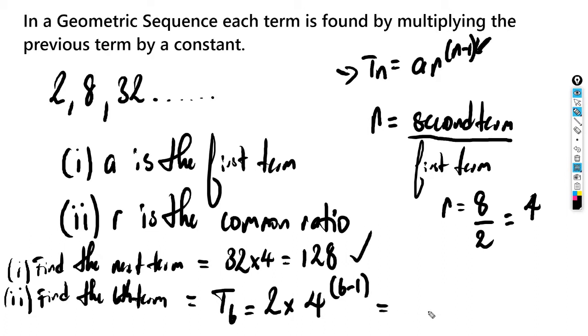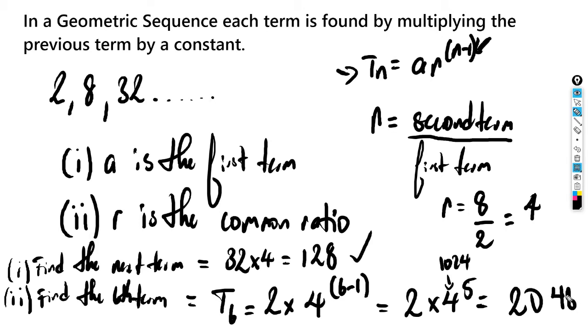We're going to end up with 2 times 4 to the 5. 4 to the 5 is 1024, and 1024 times 2 gives us 2048. So that would be the answer for the sixth term.